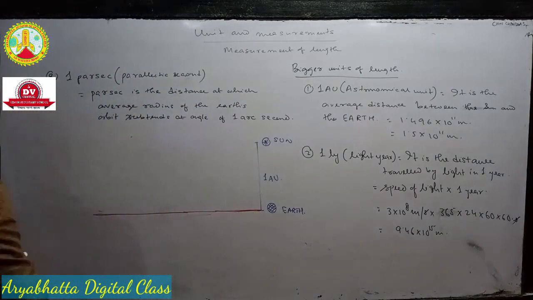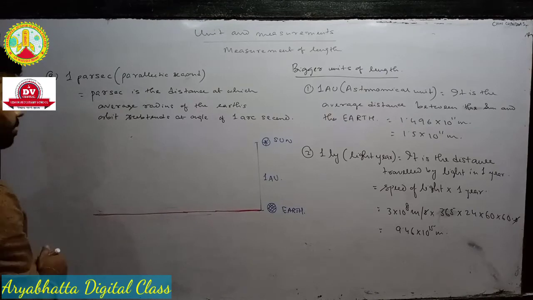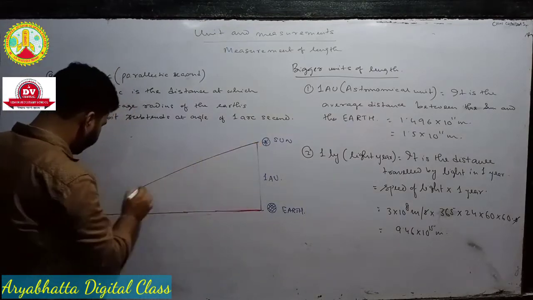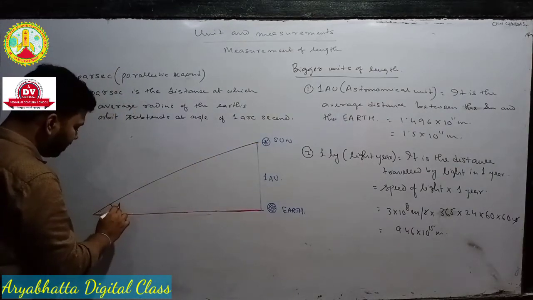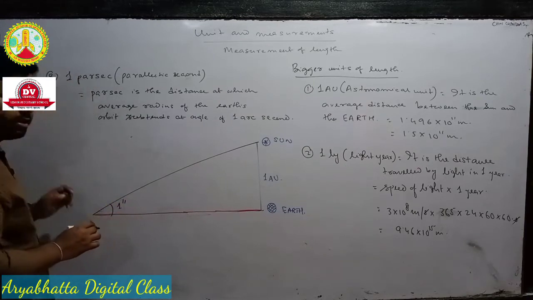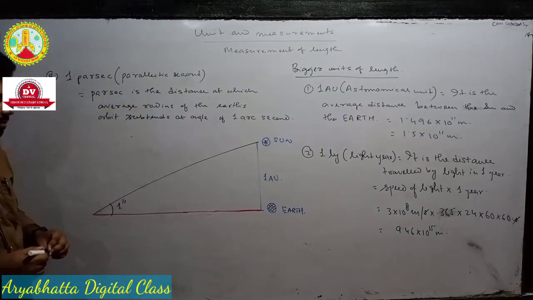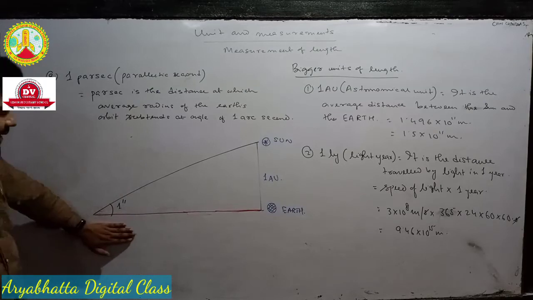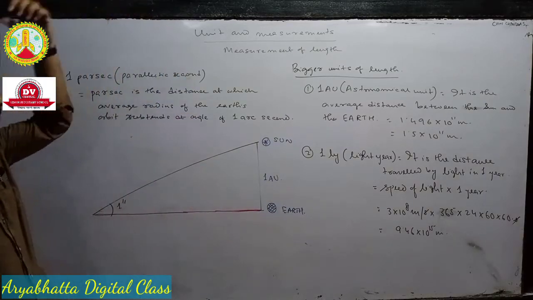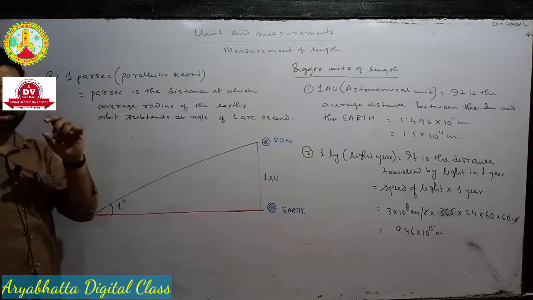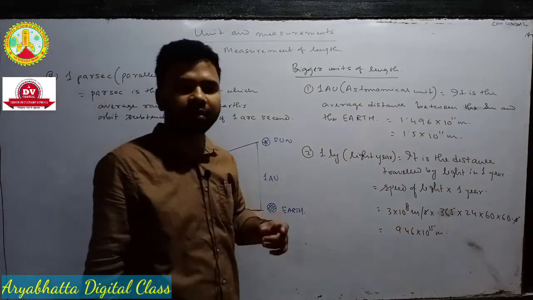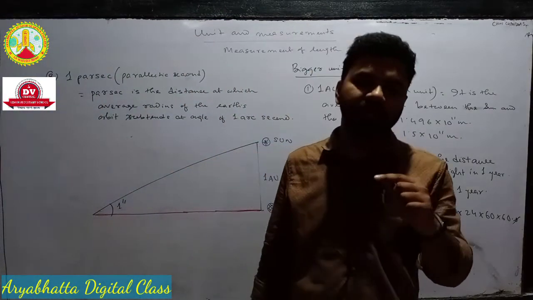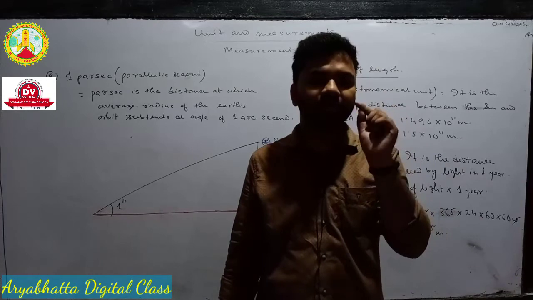Now if this line is making an angle of 1 second here, what is the unit of angle? Degree. It is not the SI unit, but we can say degree, which we commonly follow. If you divide 1 degree into 60 equal divisions, then each division will represent 1 minute.